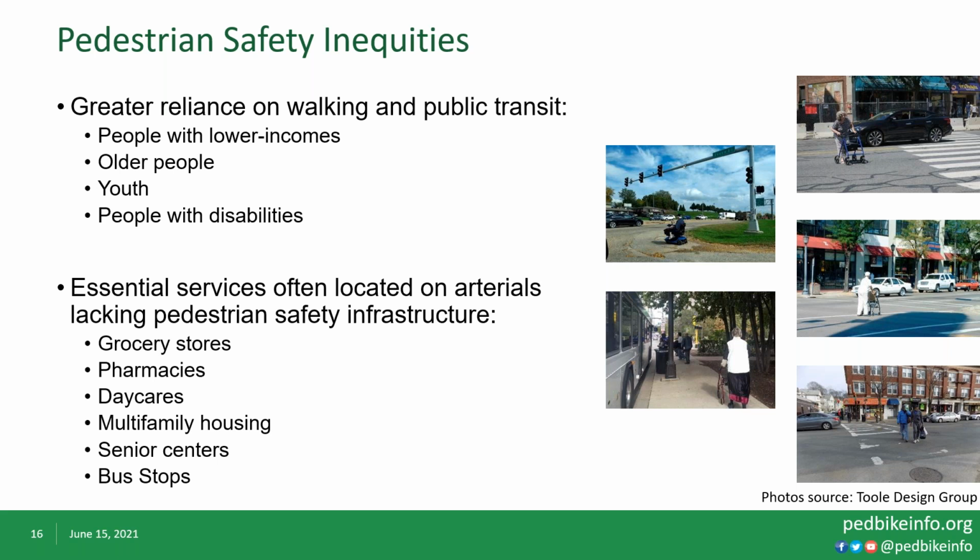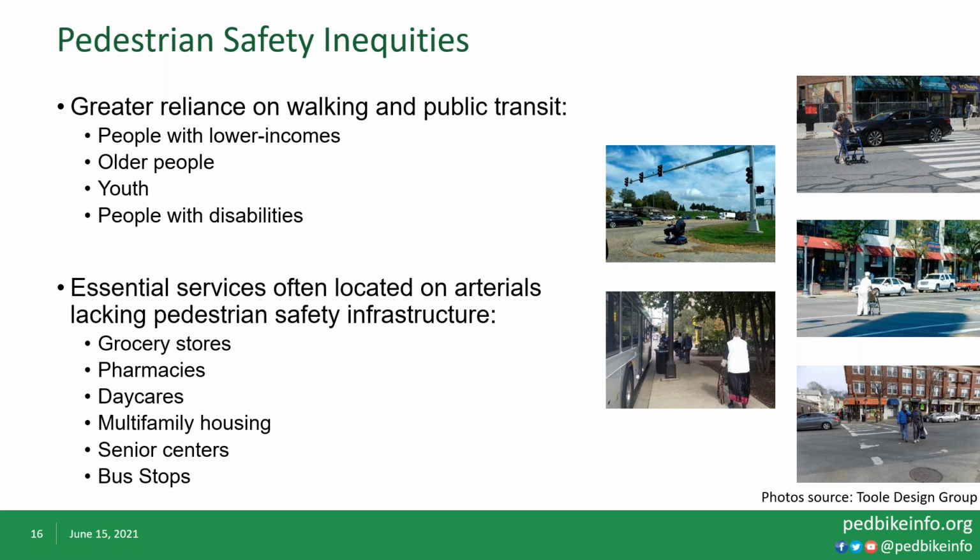And I want to end by also acknowledging the role of equity and racism and non-inclusive planning processes, because I think in combination, this can lead to unsafe conditions. You know, a situation where there's a greater reliance on walking and public transit for people with lower incomes, older people, younger people, and people with disabilities.